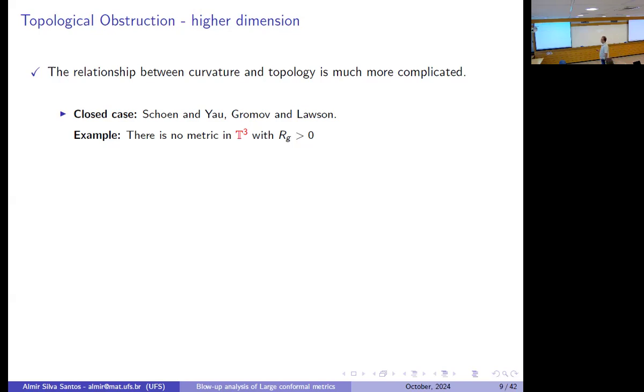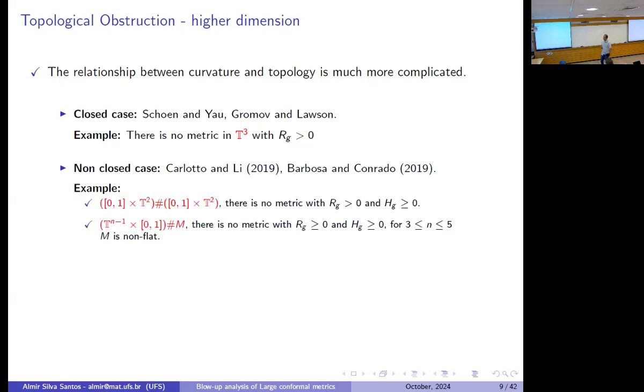That is in the closed case, and the non-closed case was studied by Carlota and Lee, and Ezequiel and Francelle Conrado, both works from 19. They proved a result which has a consequence that on this manifold there is no metric with this condition. So just an example.